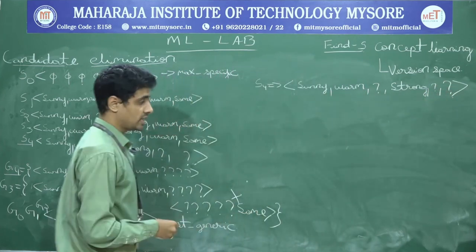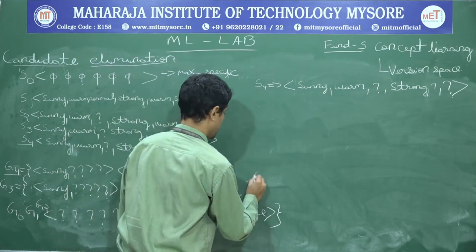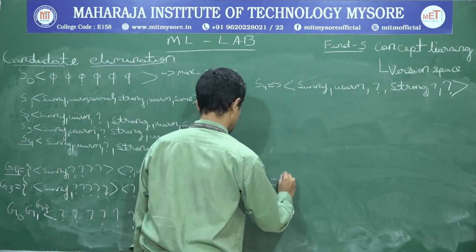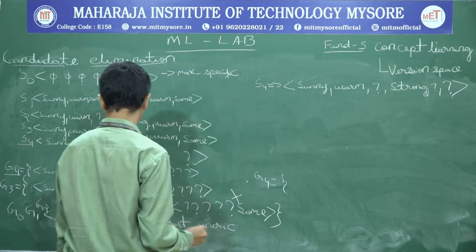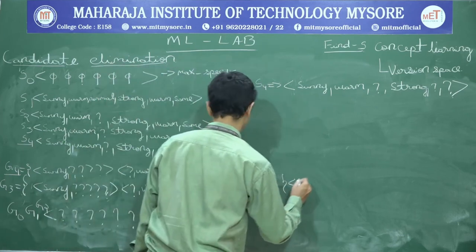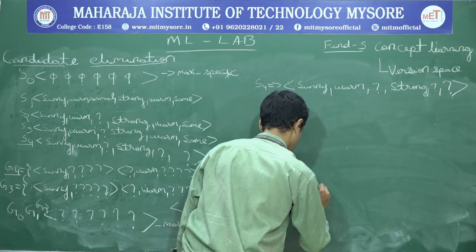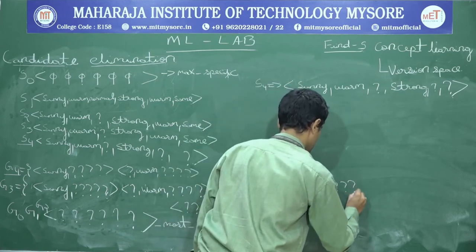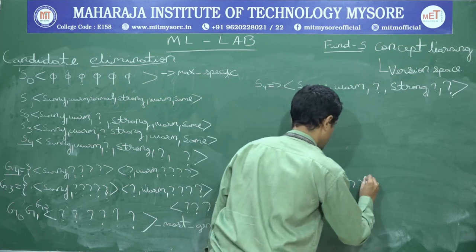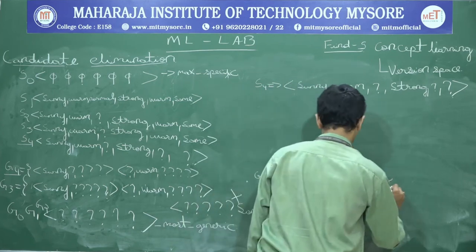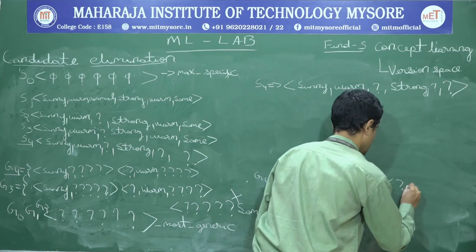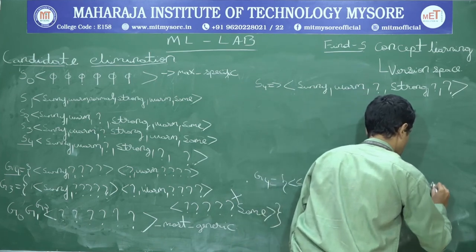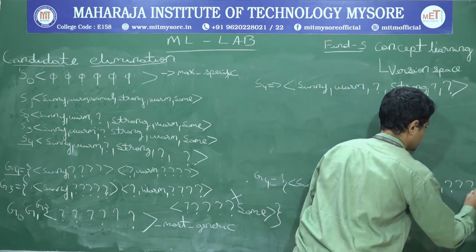And coming to the generalized boundary, that is my G4, we have got two things here. One is sunny, question mark, question mark, question mark, question mark, question mark, and the other one is question mark, warm, question mark, question mark, question mark, question mark.